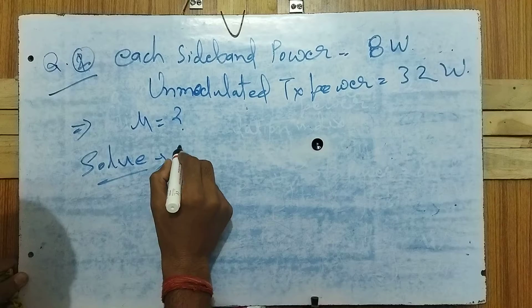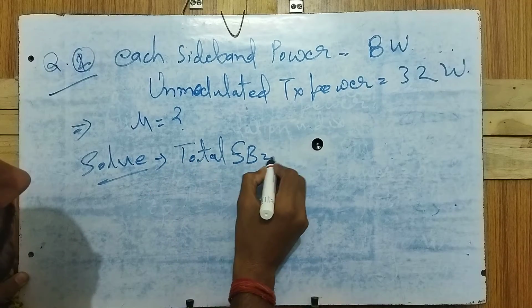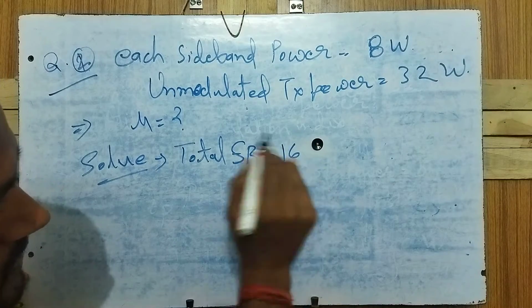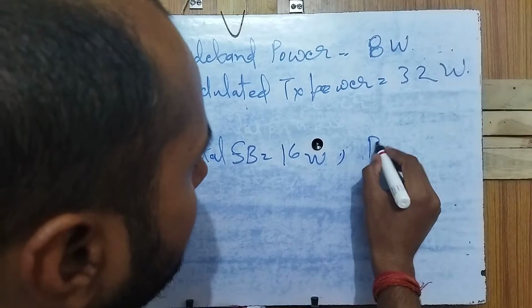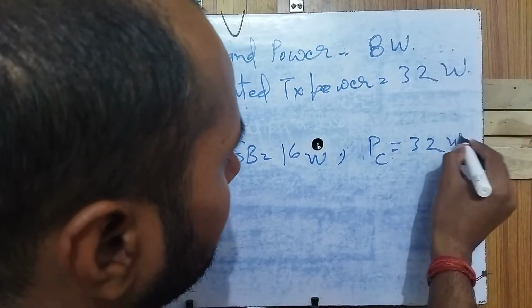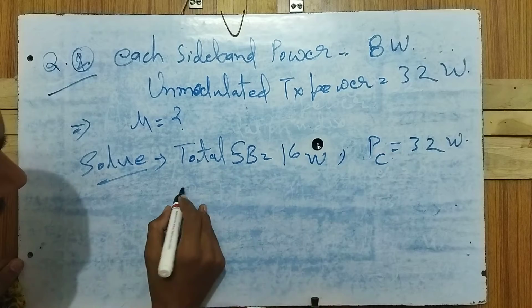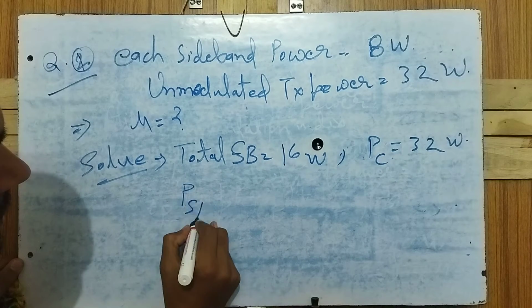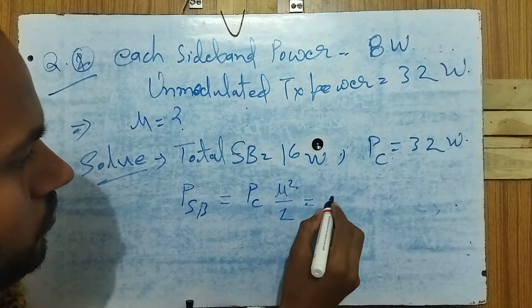Each sideband is 8 watt, so total sideband power will be 8 plus 8, 16 watt, and unmodulated transmitter power means carrier power, that is 32 watt. We know the relation between sideband power and carrier power: PSB is equal to PC into mu square by 2.